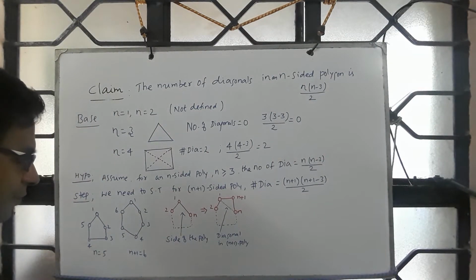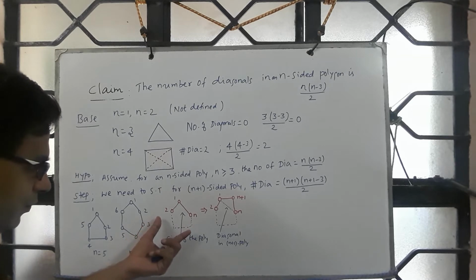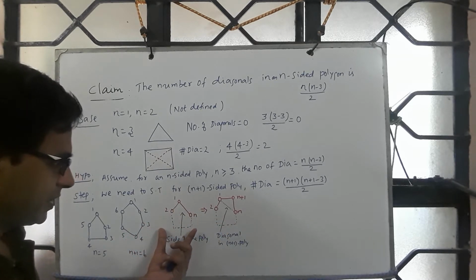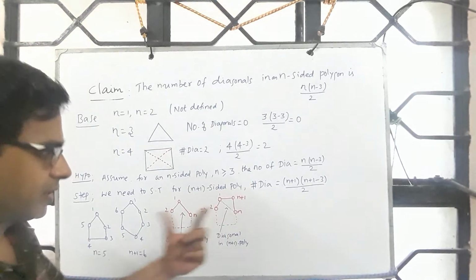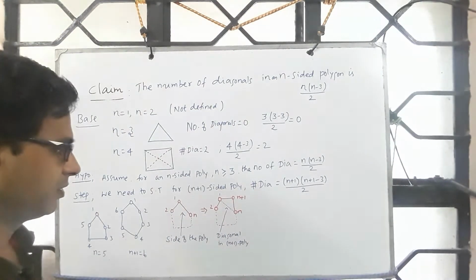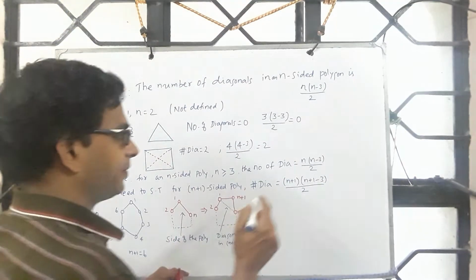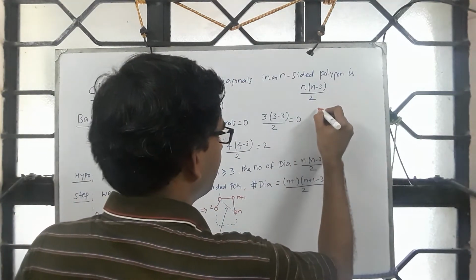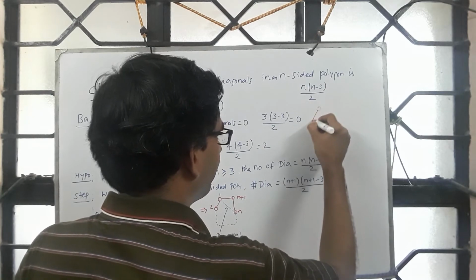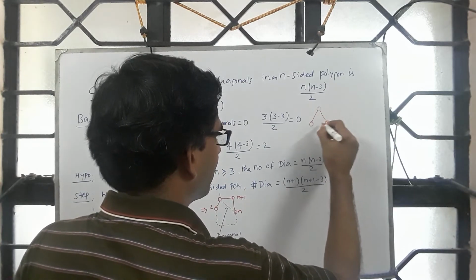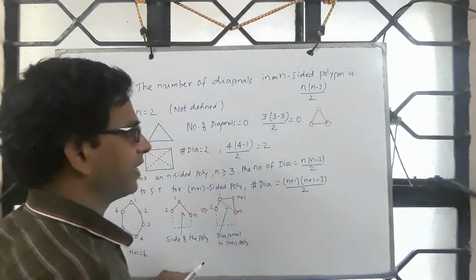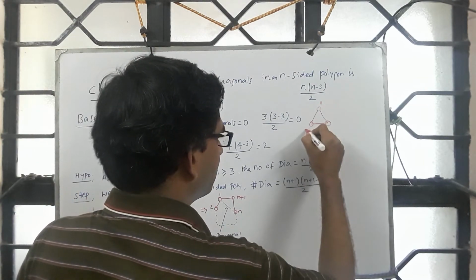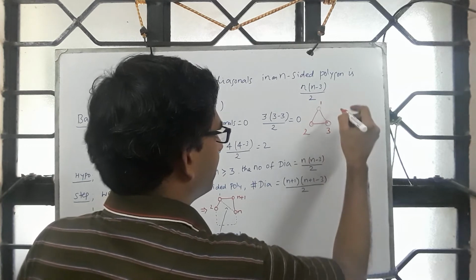So remember this carefully, because when we move from hypothesis to induction step, we make use of the n-sided polygon to construct the n plus 1 sided polygon. For example, you have n is equal to 3. This is my 1, 2 and 3.